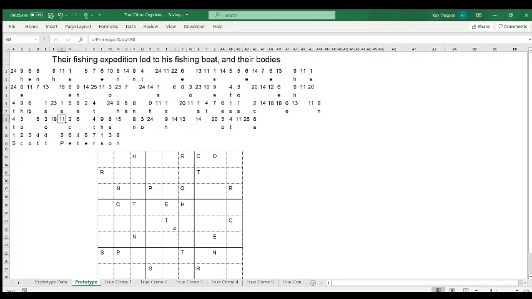All right. And let's see, 5s. Are there any 5s? Here we go. Up 5.